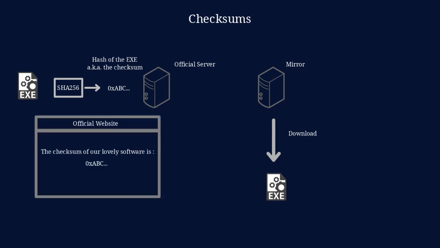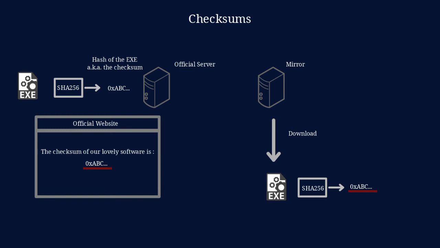So the checksum is basically just a hash of the software. You could download the software from that mirror, take a hash of the software you've just downloaded, and compare it with the official checksum that is published on the website and see if they match.